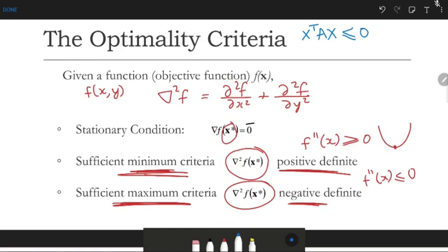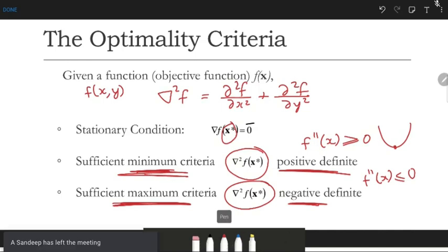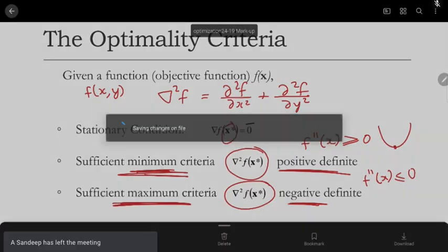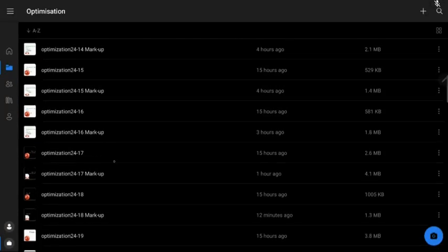If equality is also there, it is negative semi-definite. We looked at the matrix form of that, no? There in that slide for the Hessian matrix. I'll show you. Those who did not or could not join the meeting, you must have missed this part.